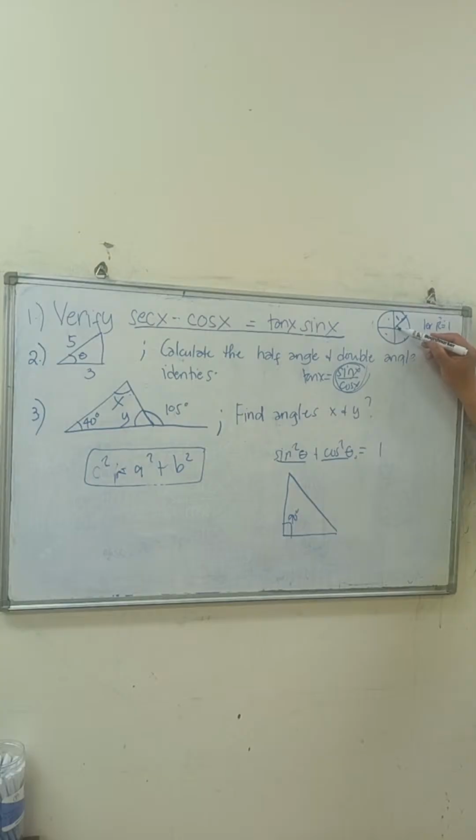Now this is your 45 degrees and this is your y here. So tangent theta is the opposite side, which is y, over the radius. The radius is 1. So tangent theta is equal to y. Get the point? So that is the y-axis.